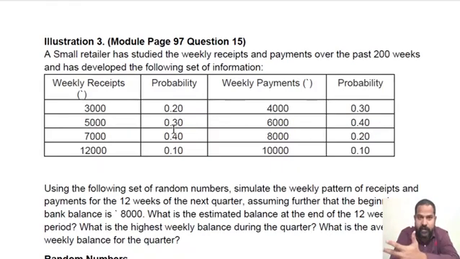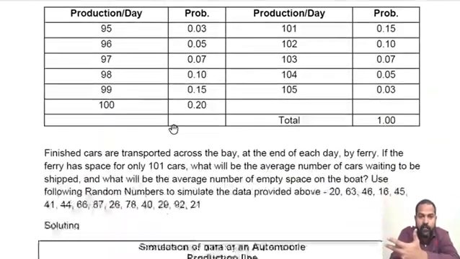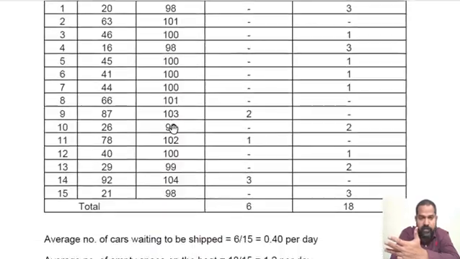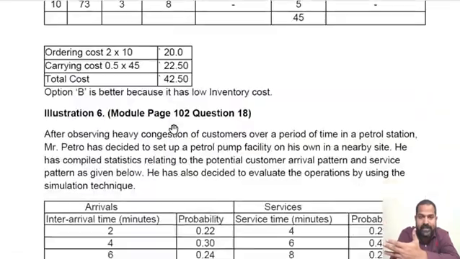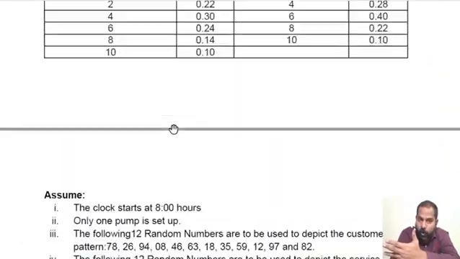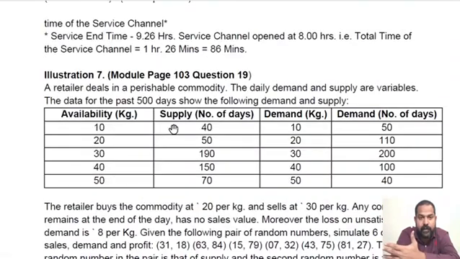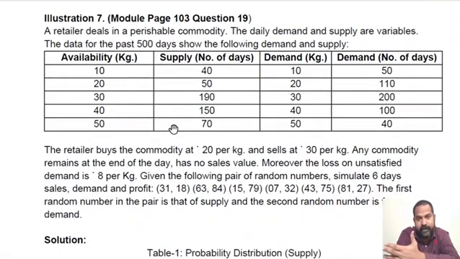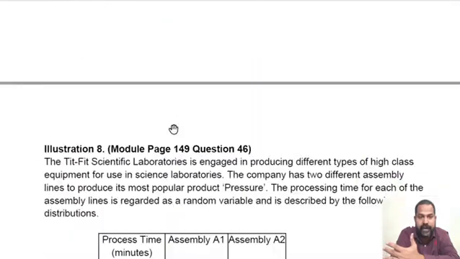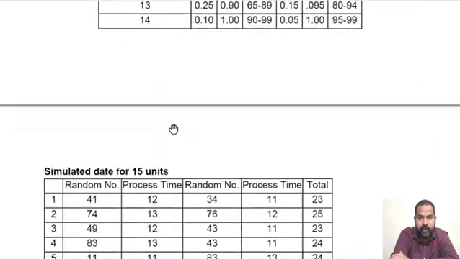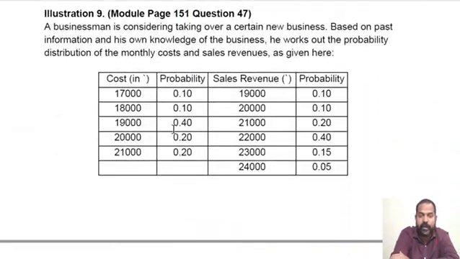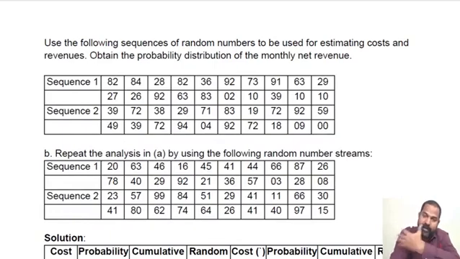Then 4 is done, first session. 5 is not done. 6 is not done. 7 is done. 8 is done, we did it on the first day. And 9 is done. Okay, so we've done 7 questions. 2 are still pending. Let's stop this right here and I will do them in the next session. Thank you very much. Bye.